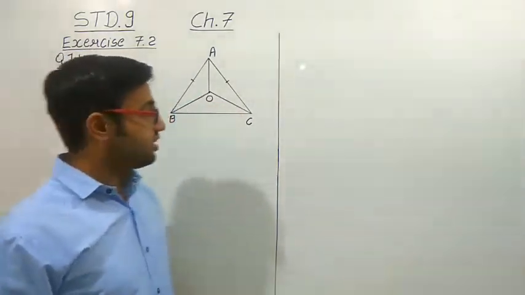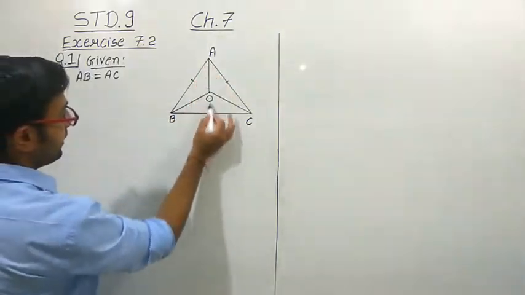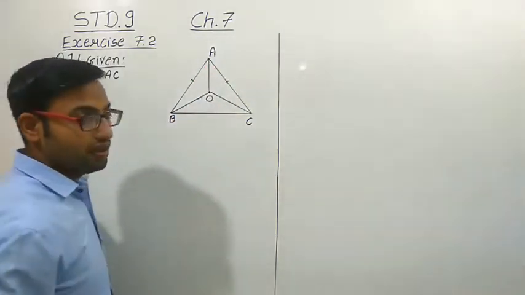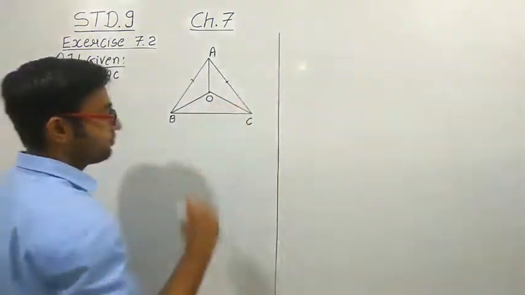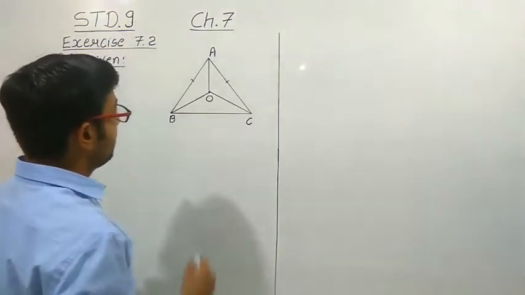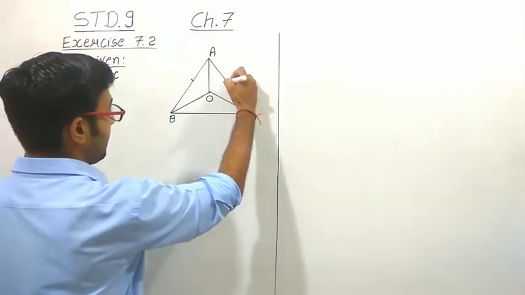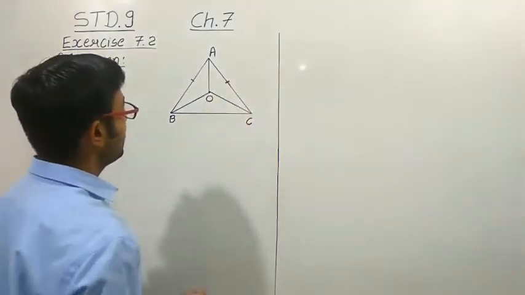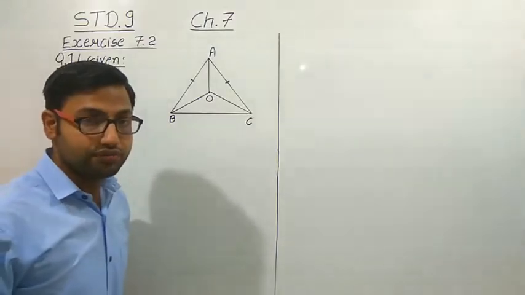But think about this, which three conditions can we consider here? If we consider triangles AOB and AOC, one condition is that AB is equal to AC, right? One more condition is that side AO is common in both the triangles. What about the third condition?